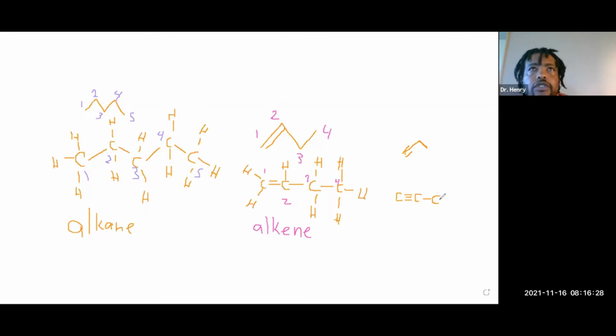So this is also considered to be unsaturated because you don't have 4 individual bonds surrounding the carbon.